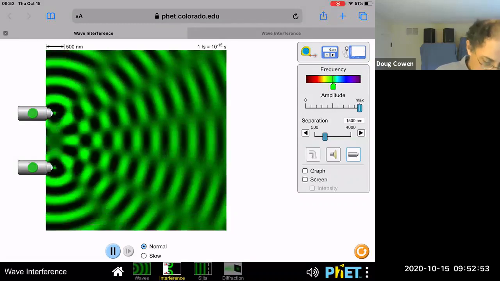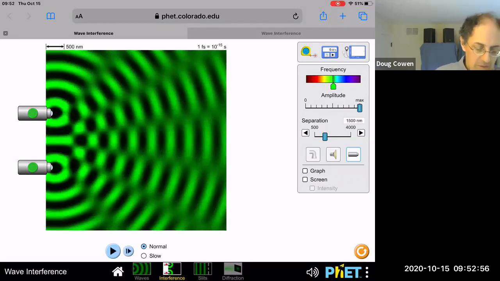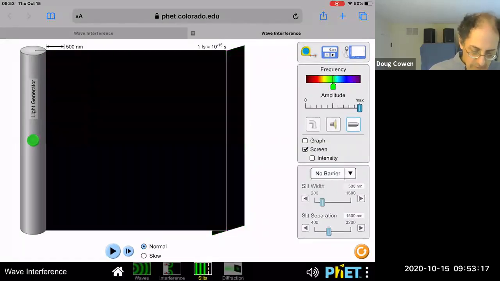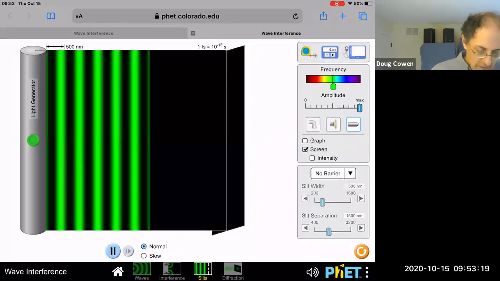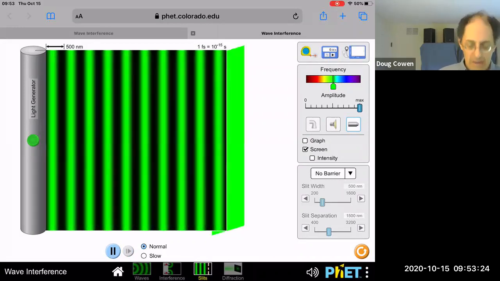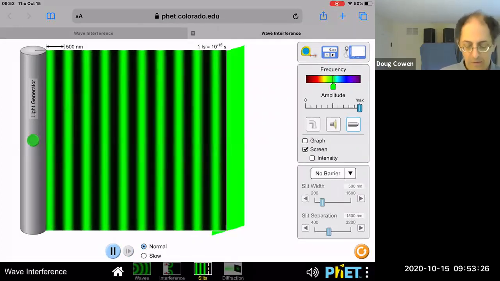We can produce the same effect as what we've shown here, where we have two identical sources emitting in phase from the same position along the x-axis, and we get interference. We can get a similar effect if we send plane waves through a barrier. First, here we have plane waves, and they hit the screen at the far end, and that screen is uniformly illuminated.